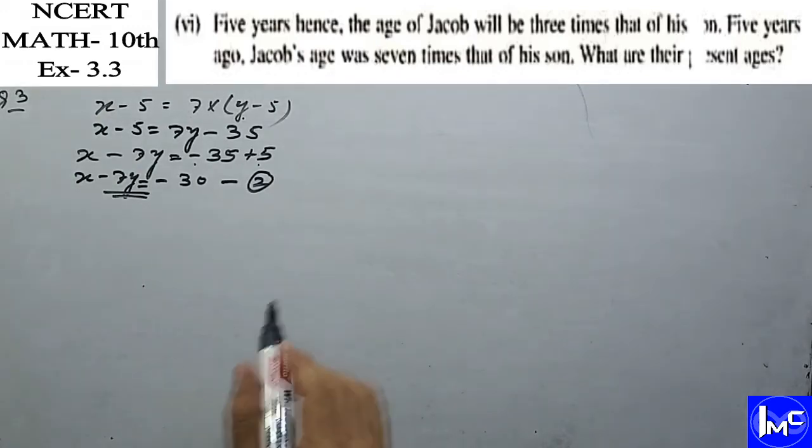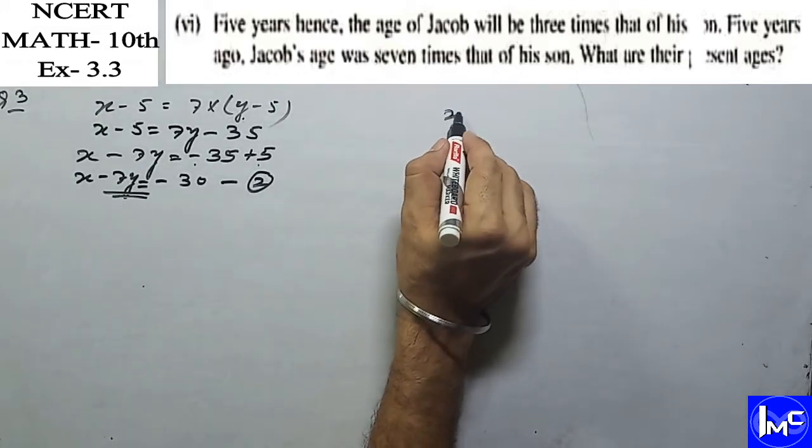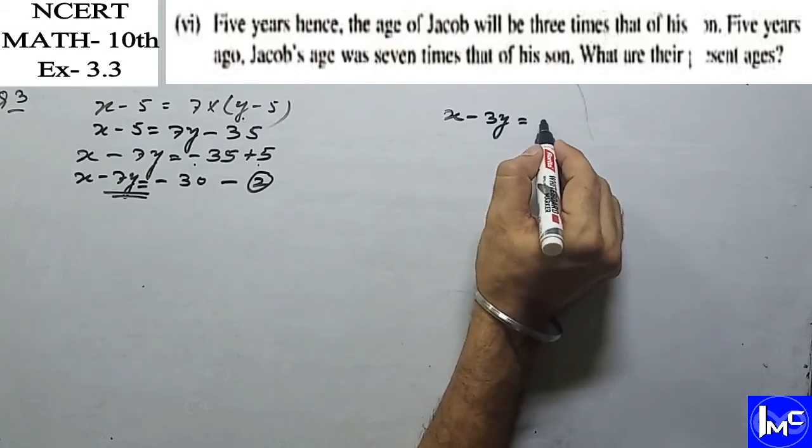And our first equation was x minus 3y is equal to 10.